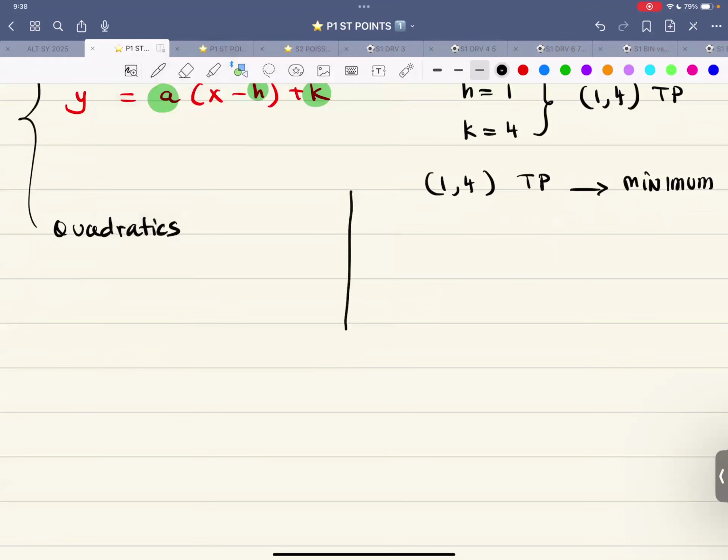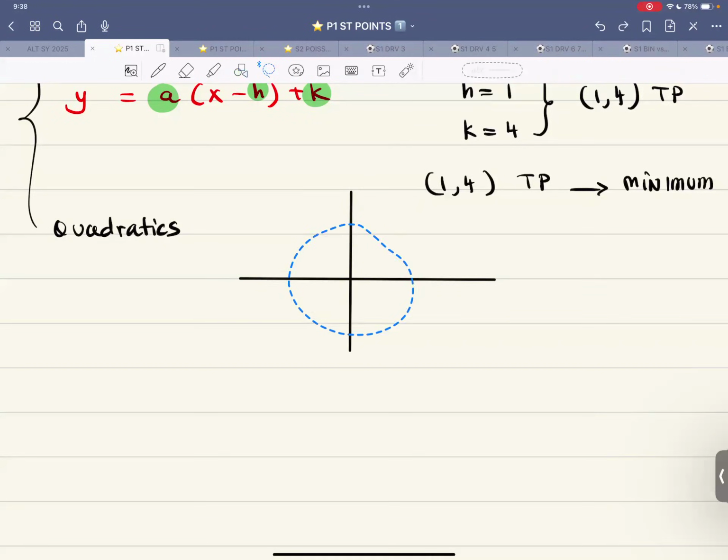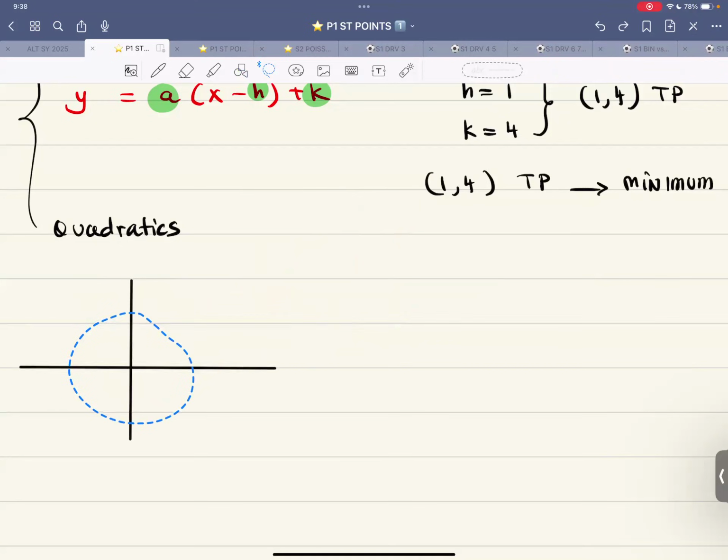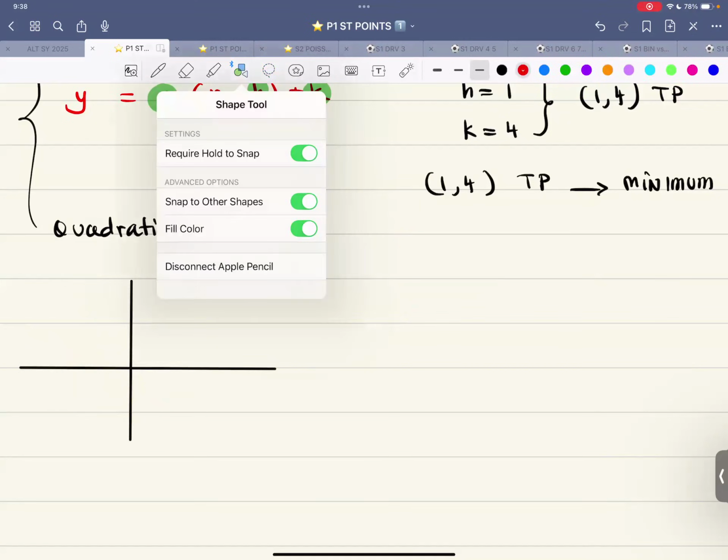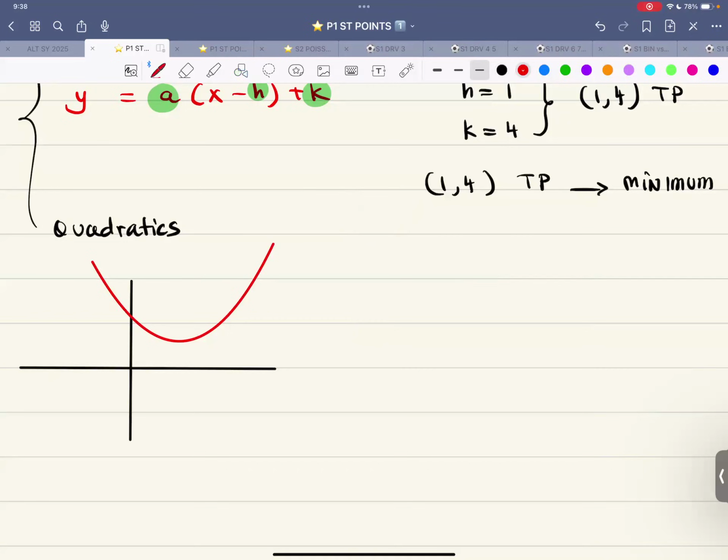Now, if I draw a graph over here, the y-axis, the x-axis, the curve that's going like this, and let me shift this a little bit to this side. The curve is going like this. Now over here, this is 1, and this is 4. That is the coordinate of the turning point, and from the shape, we see that (1, 4) is a minimum.